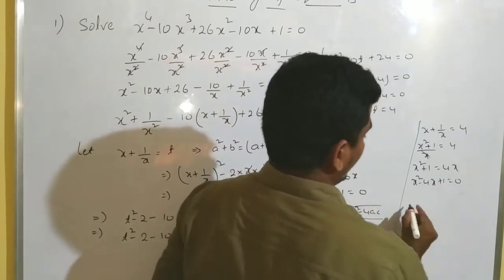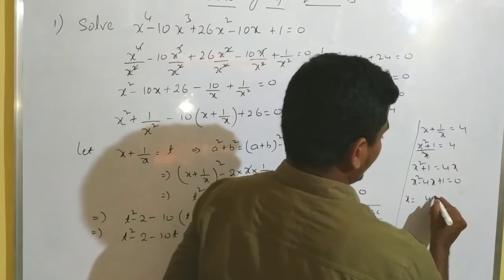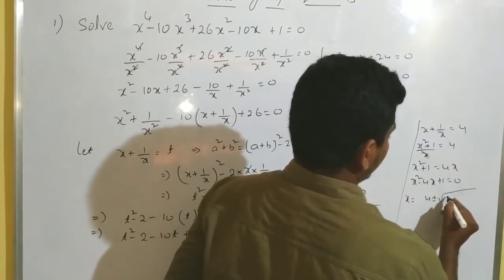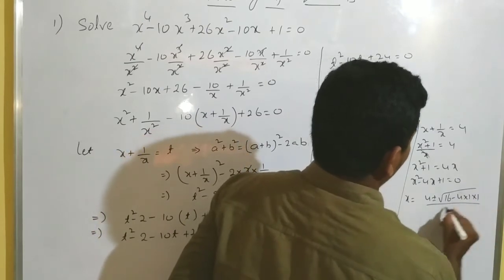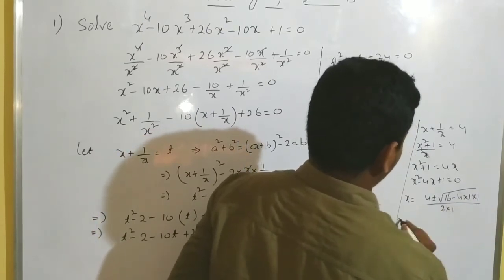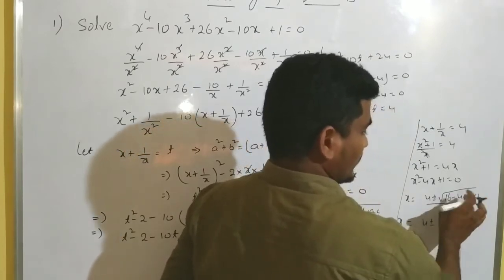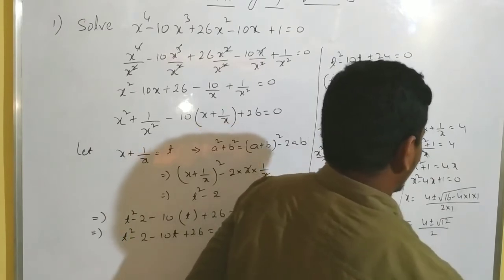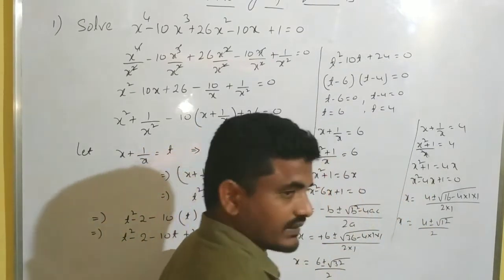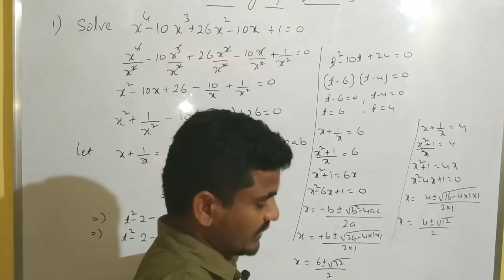Same formula we have to apply. x equals to minus of minus 4, that becomes plus 4, plus or minus root 4 square is 16 minus 4 into 1 by 2 into 1. Finally x equals to 4 plus or minus root 16 minus 4 is 12. And finally we got x equals to 4 plus or minus root 12 by 2.